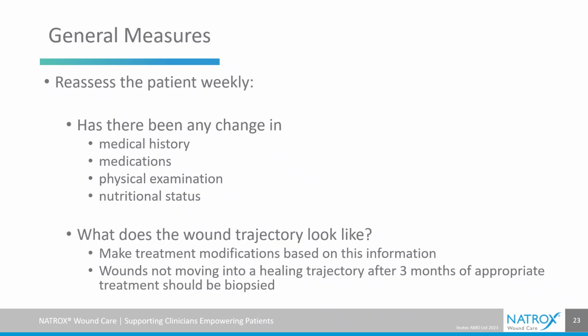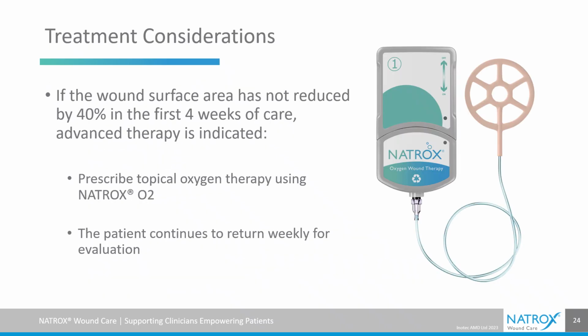Wounds not moving into a healing trajectory after 3 months of appropriate treatment should be biopsied. If the wound surface area has not reduced by 40% in the first 4 weeks of care, advanced therapy is indicated. Consider prescribing topical oxygen therapy utilizing NATROX O2. The patient continues to return weekly for evaluation.